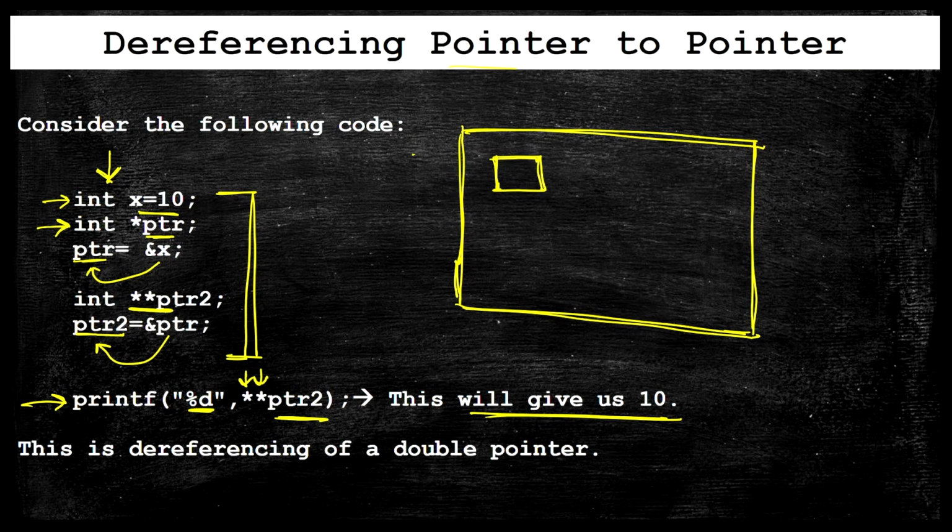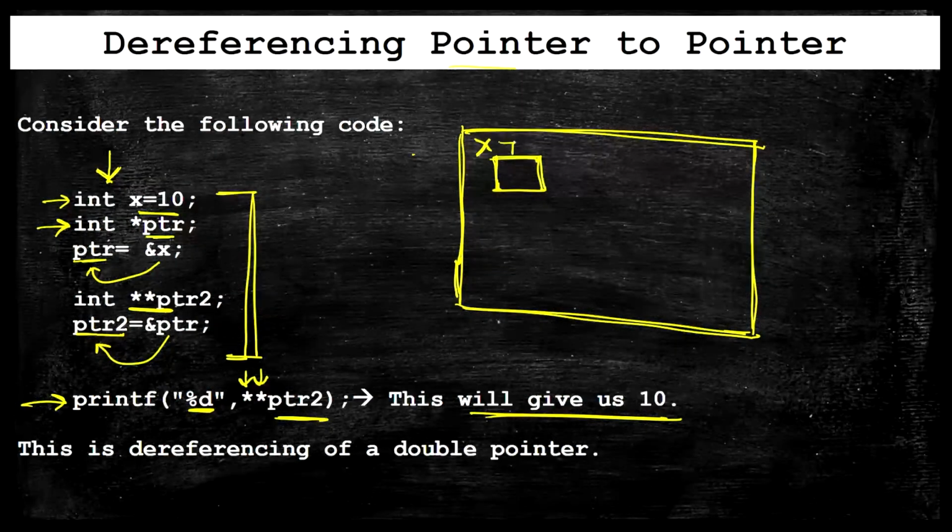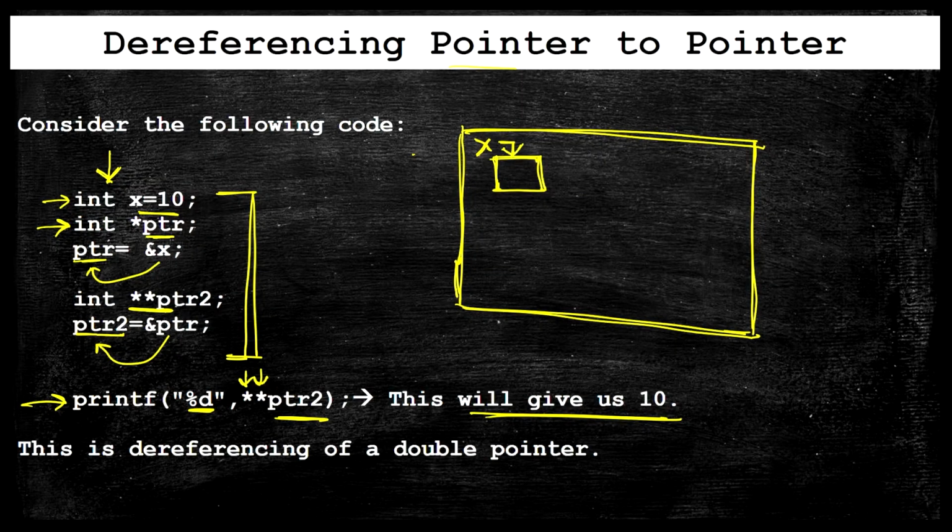This block consists of 4 bytes and this is x. And what value is it storing? That is 10. Let its address be 100.